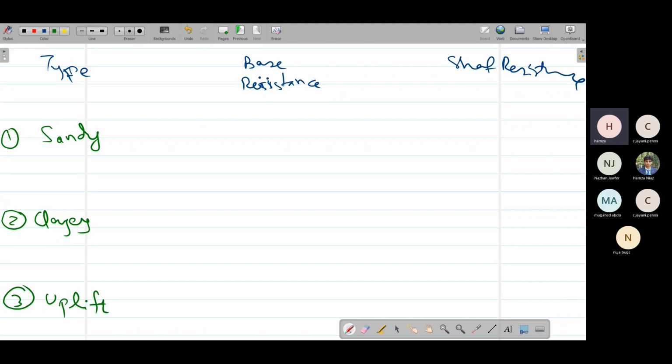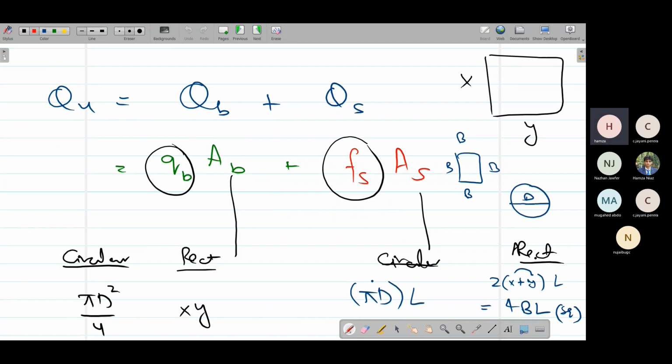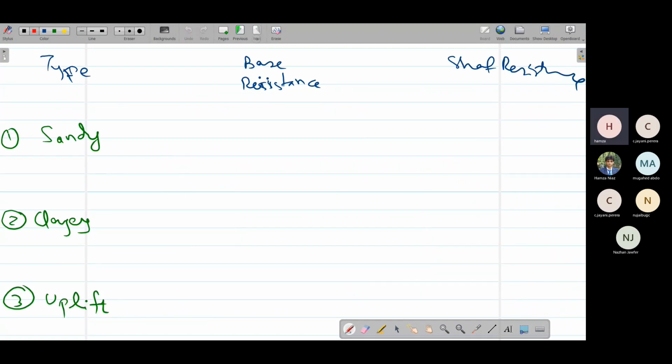For our sandy strata, we know this AB and AS. Now we want to find QB and small fs. For small QB and small fs, only these formulas would be different, the rest would be the same.